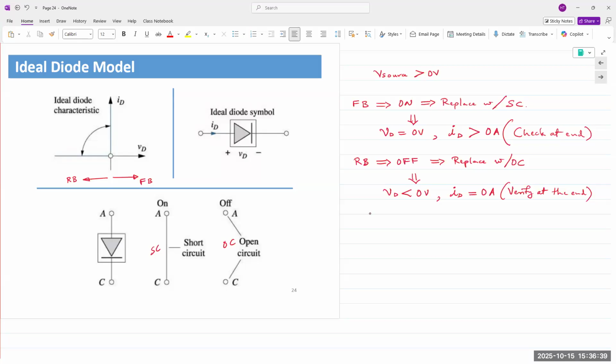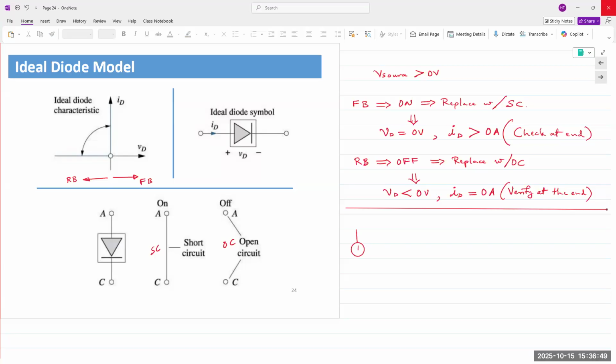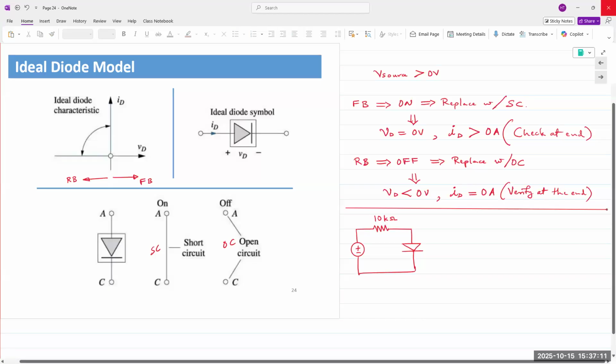All right. Let's look at that circuit. So we had 10 volts. Ten kilo ohms. We had our diode, right? Now, this is a straightforward circuit, so it's easy for us to make an assumption.